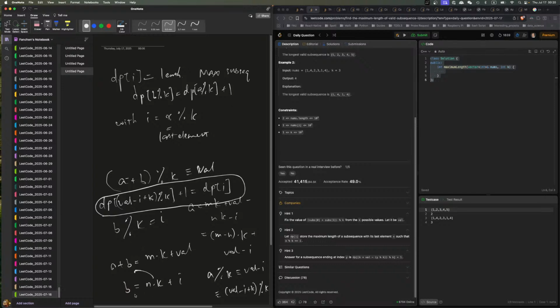Because if B is this, A plus B is this, then A mod K is equal to this thing, right? Then all we need to do is to find the largest subsequence with the last value, right? With the last value mod K is equal to this thing, right?